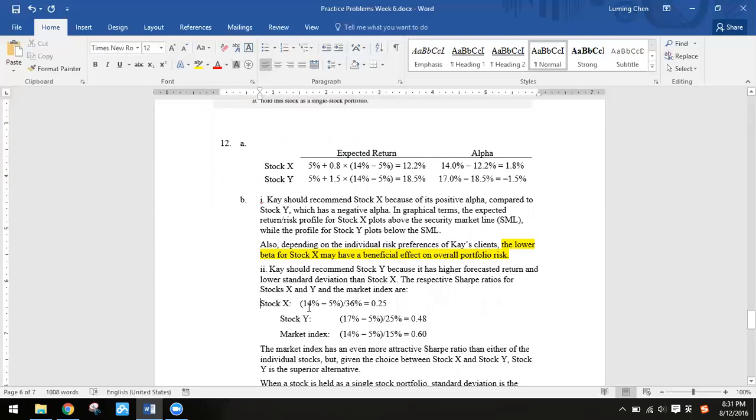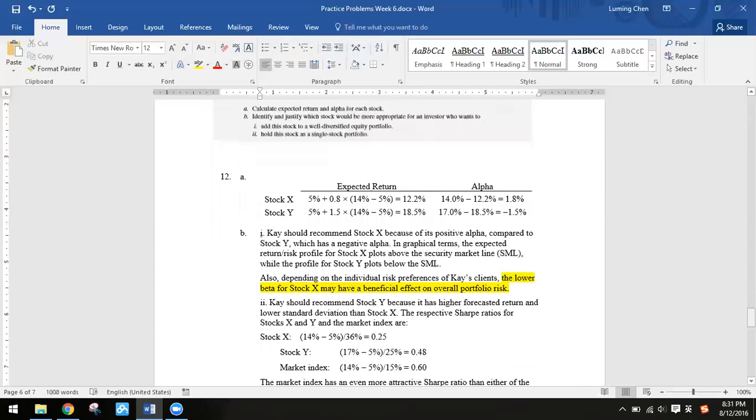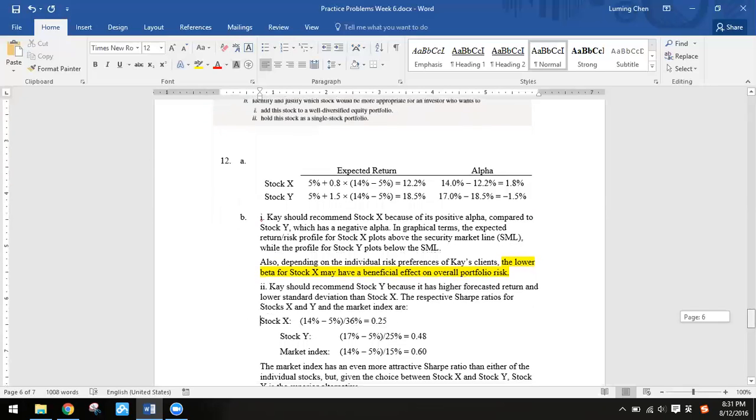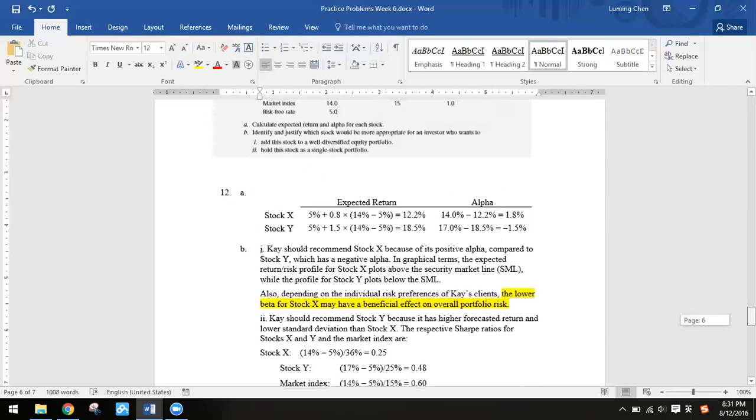For stock X, the Sharpe ratio is 0.25, and for stock Y, the Sharpe ratio is 0.48. And for the market index, we can see that the market index has an even higher Sharpe ratio of 0.6. So if we want a single stock, we will choose stock Y.